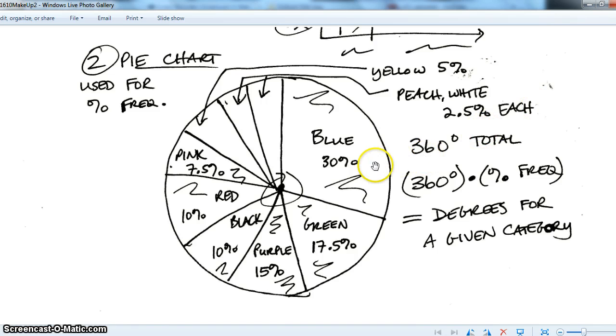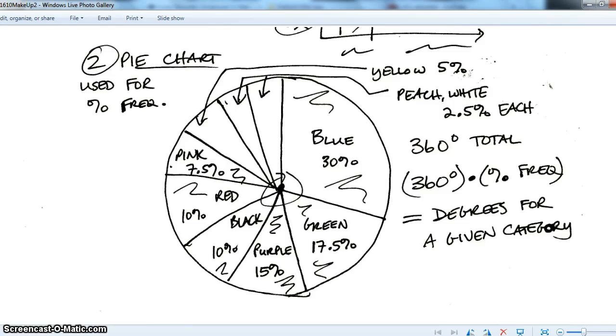Let's say that you didn't have Excel and you had to do this by hand, and you wanted to know how many degrees around the circle each of these categories would have. Well, since it's 360 degrees total around the circle, what that means is blue is 30%. That means blue should get 30% of the 360 degrees around the circle. In other words, for each of the categories, you're going to take the 360 degrees, multiply it by the percent frequency, and that'll give you the degrees for a given category.